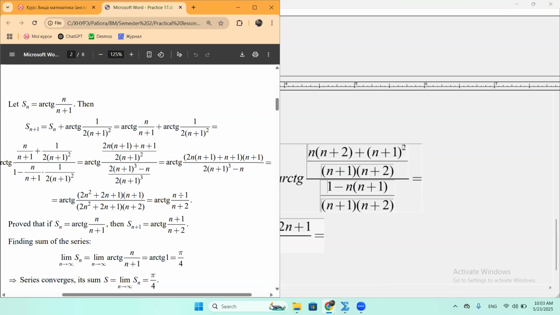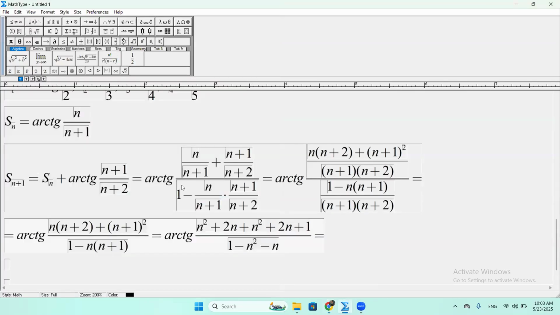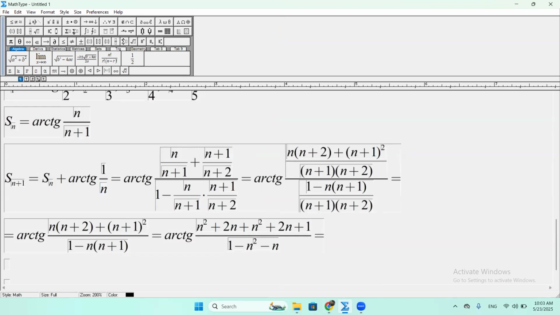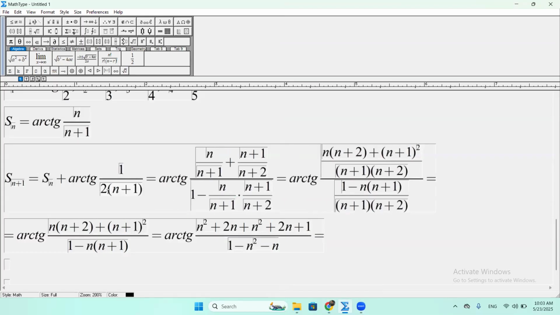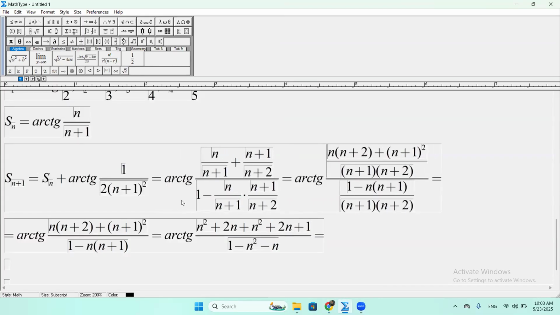So n plus 1 by n plus, oh, yeah, it was incorrect here. So it must have been n. So 2 by n plus 1 squared. So what was the mistake?